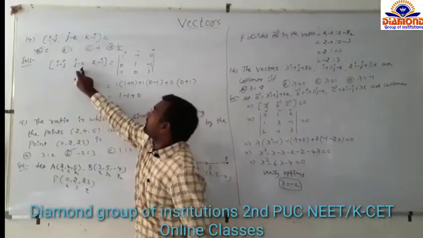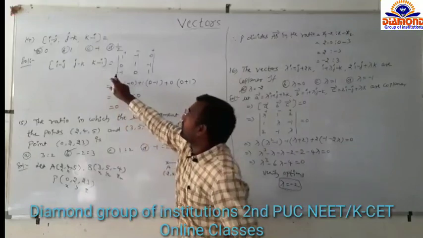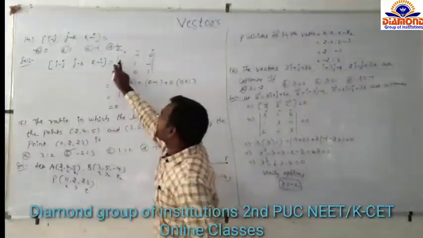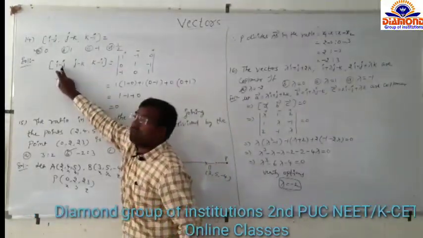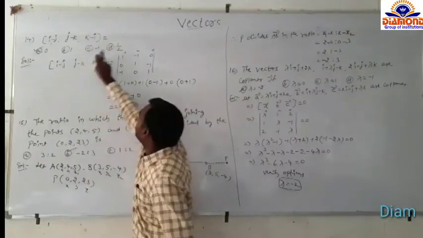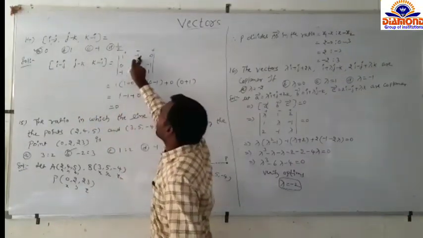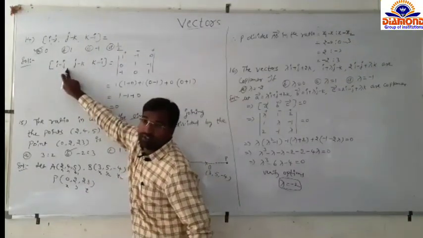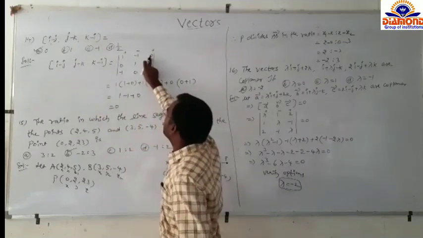Box of i minus j, j minus k, k minus i equal to the determinant of the coefficients. In the first vector i minus j, the i coefficient is 1, next j coefficient is minus 1. Here k is not given, so you can put 0.